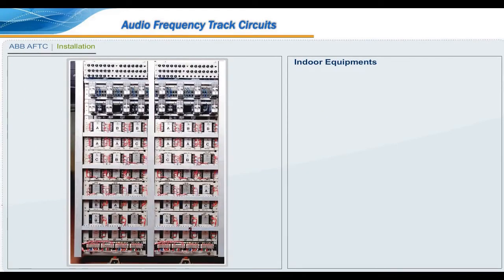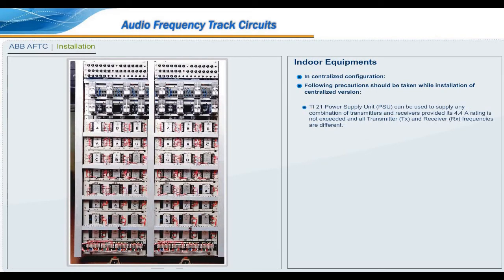Indoor equipment. In centralized configuration, the following precautions should be taken while installing the centralized version. The TI-21 power supply unit (PSU) can be used to supply any combination of transmitters and receivers, provided its 4.4 ampere rating is not exceeded and all transmitter (TX) and receiver (RX) frequencies are different.